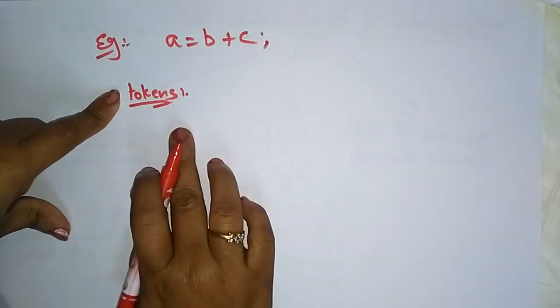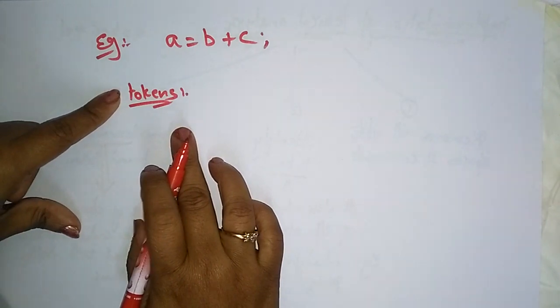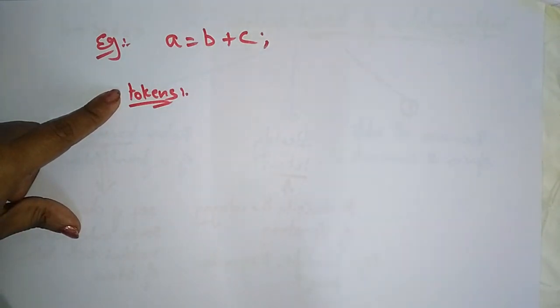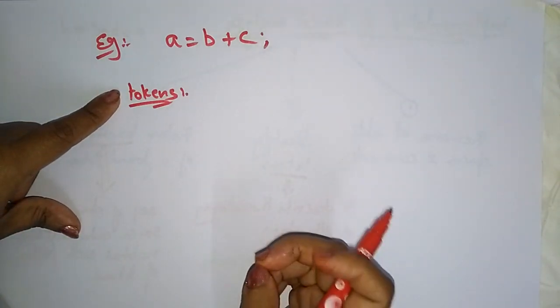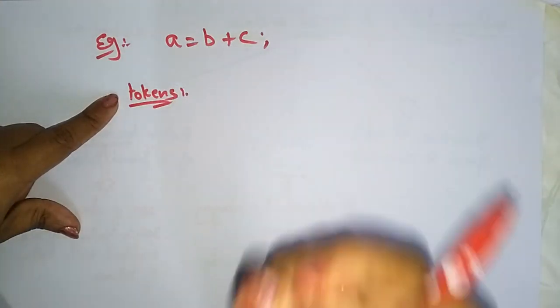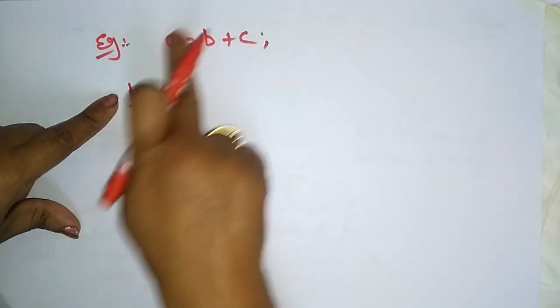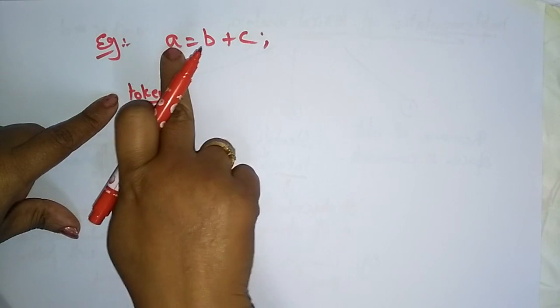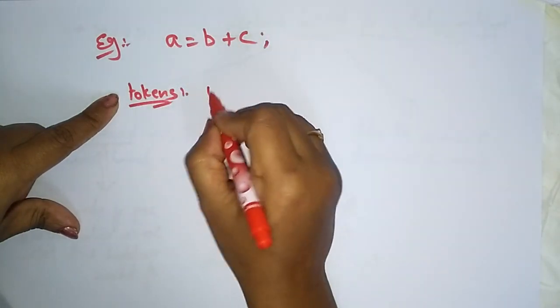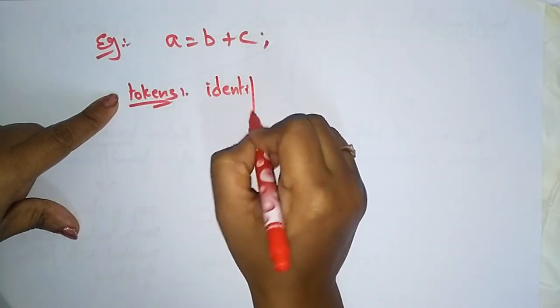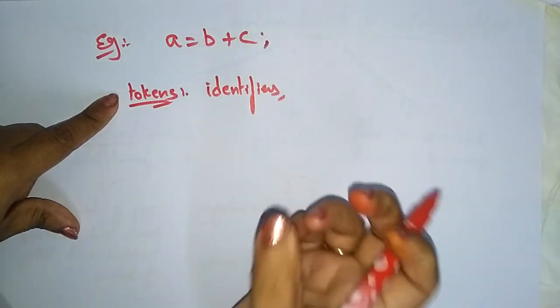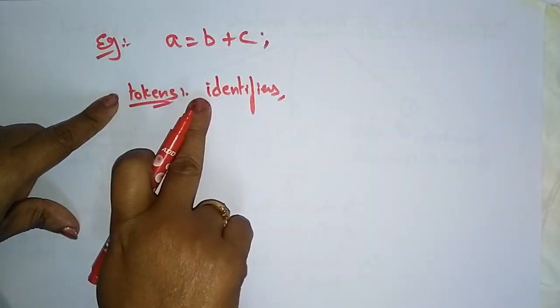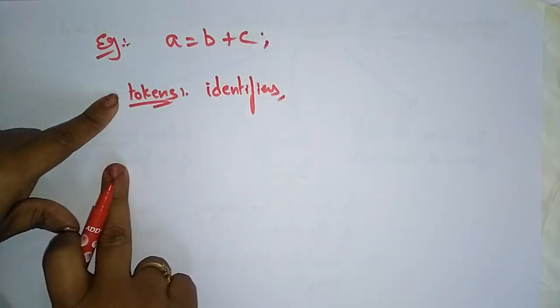Let's take. So a token is nothing but a keyword or punctuation or identifier. It's just describing the category of the input string. So what are the categories of this input string? This input string consists of identifiers. You just write the category, only the category. Identifiers, that is A, B, C are identifiers.